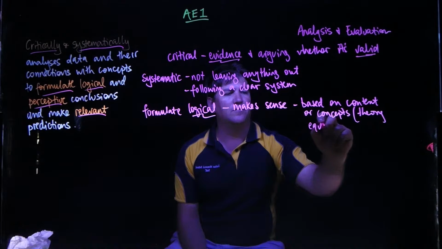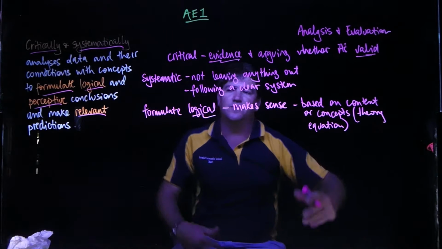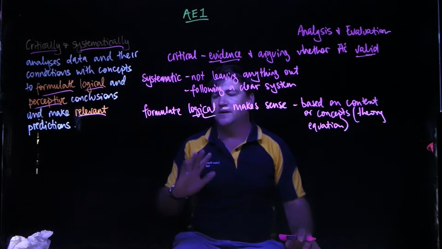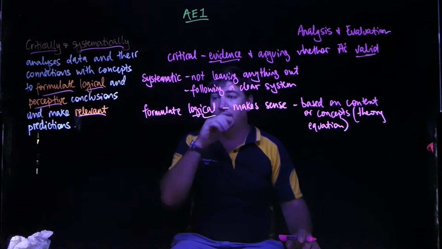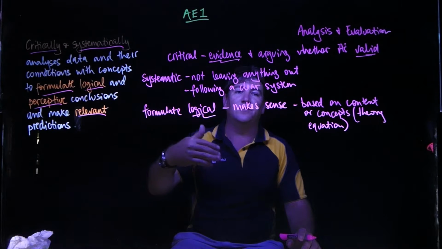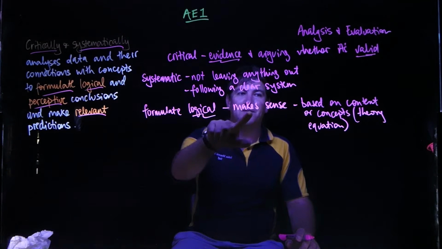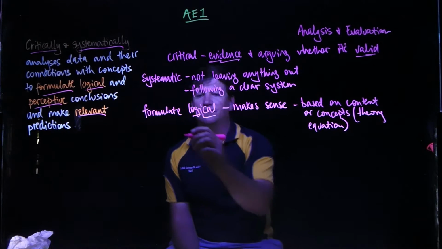There may be some sort of equation involved, maybe something like friction from the outside, especially in the conservation of momentum experiments. There's a fair bit of that going on. So when you're formulating a logical conclusion, you're formulating one that makes sense and is based on some content that we've been covering.